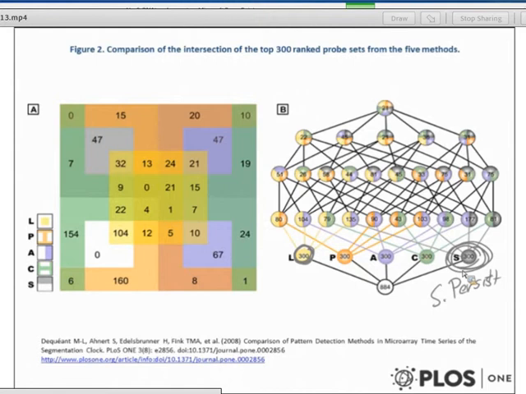So, for example, S and L have 135 in common. So of their top 300, they have 135 in common. But if I wanted to take a look at all of them, I'd be looking at 884 genes. So 884 genes were found using one of these 5 methods.